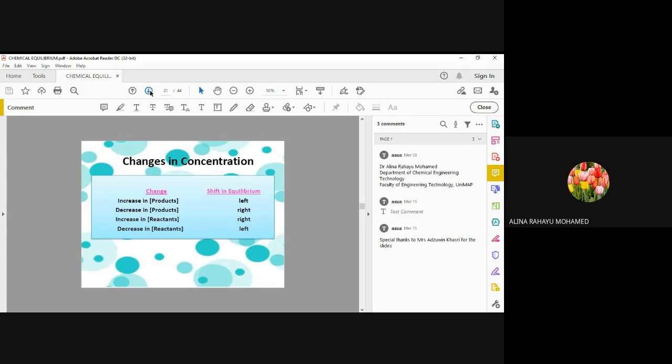If we decrease the products, it will shift to making more products, so the equilibrium shifts towards the right. If we increase the reactant, that will increase the product and the equilibrium shifts towards the right. If we decrease the reactant, the equilibrium shifts towards the left, towards making more reactant.